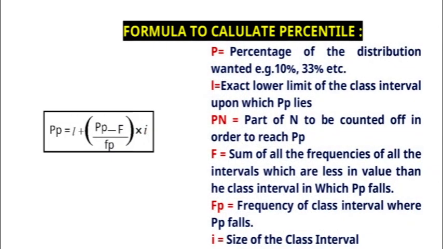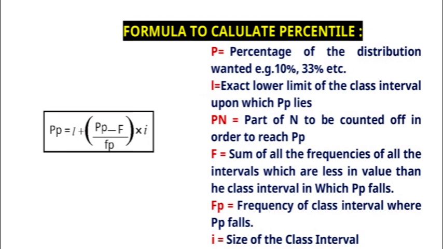Now, let us look at how. First I will tell you the formula, then I will show it by the graph. The formula to calculate the percentile we have already talked about in the previous lecture also. This is the formula for the percentile: Pp is equal to L plus (pn minus F) upon Fp into i. Now, this Pp means the percentile.